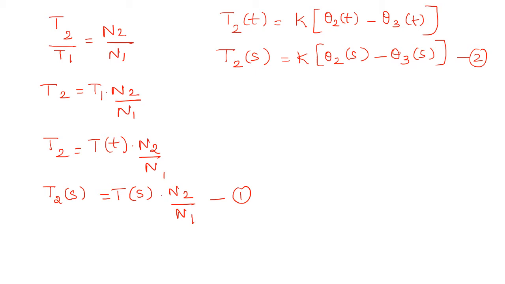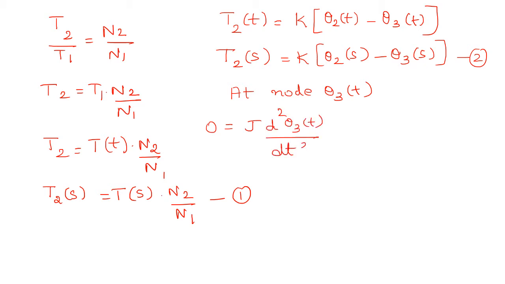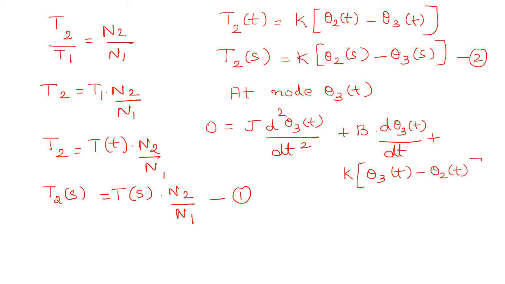Now what is remaining is node theta 3. At node theta 3 of t, the applied torque is 0. So 0 is equal to J into d square theta 3 of t by dt square plus B into d theta 3 of t by dt plus K into theta 3 of t minus theta 2 of t.